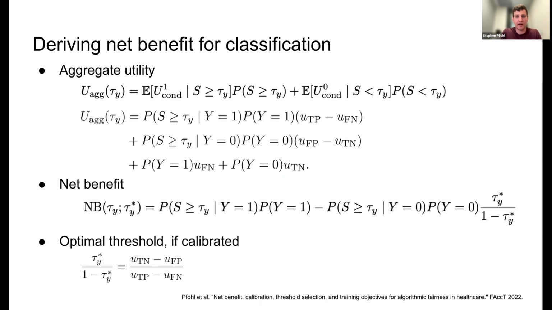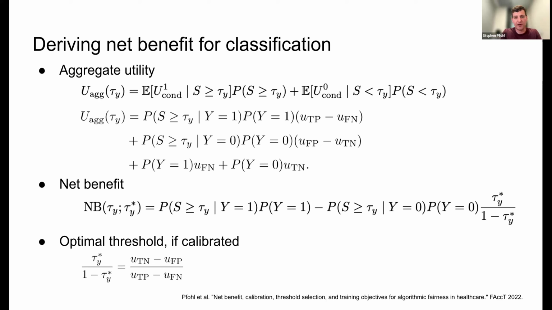To bring this home, we want to be able to say, okay, for a given level of model performance, how can we translate that into a notion of clinical benefit? Again, we can use existing metrics from the medical decision-making literature to do that.